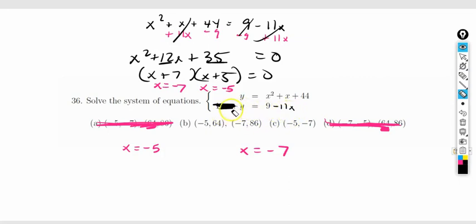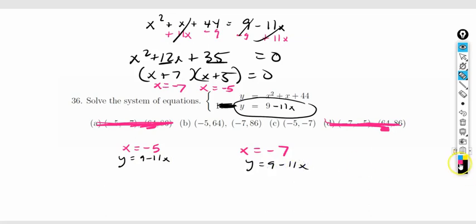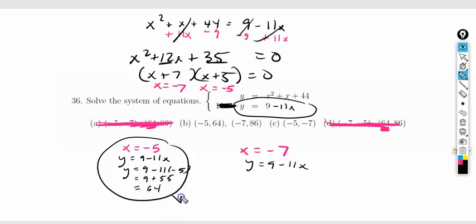Let's go back to this equation because we subtracted 11x from both sides. And so we have that. And so I'm going to get y is equal to 9 minus 5 times 11 times -5. That's going to be 9 plus 55, which is 64. So this tells me I get an intersection point.